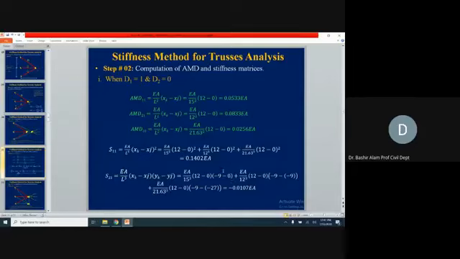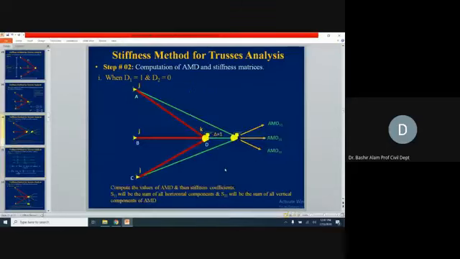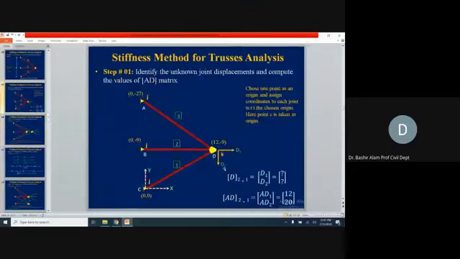So let's confirm this, minus 9 and 0 now for this member 1. So here you can see it is minus 9, it is Yk, and here it is 0 now. So minus 9 minus 0.